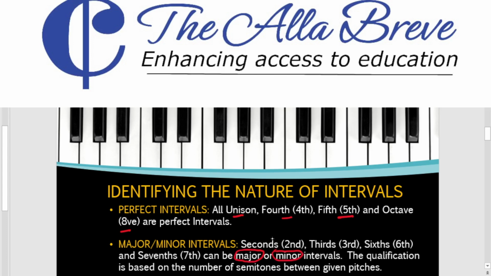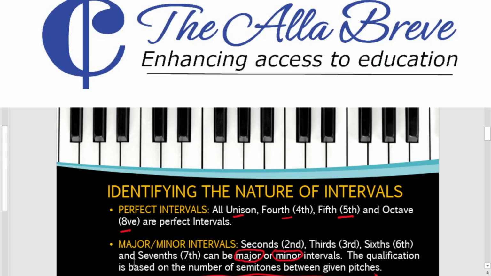Seconds, thirds, sixths, and sevenths can be major or minor intervals. The qualification is based on the number of semitones between the given pitches. So you could have a major second or a minor second.